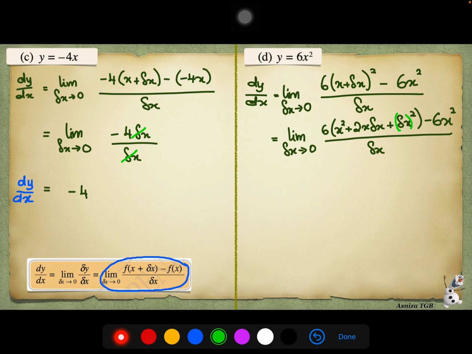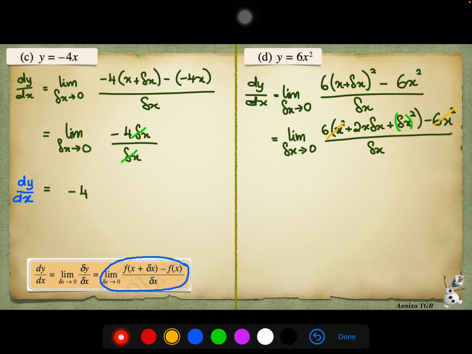Then we minus the function itself, minus 6x squared, and remember to divide all this by delta x. When we expand the first expression, we will have 6x squared, and then 6x squared minus 6x squared will be eliminated.